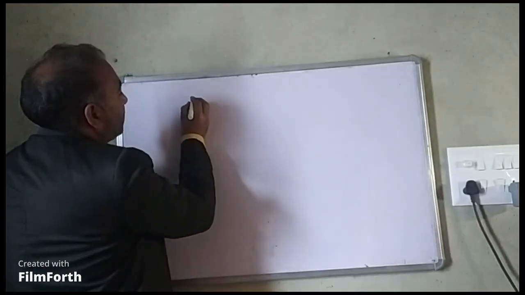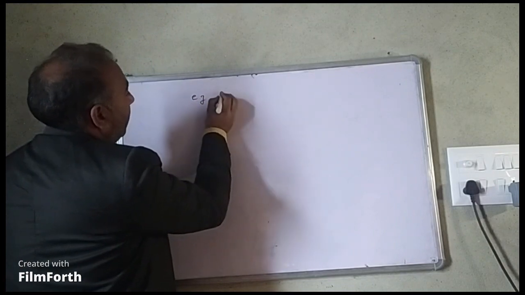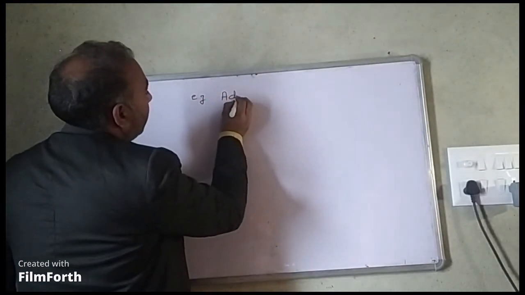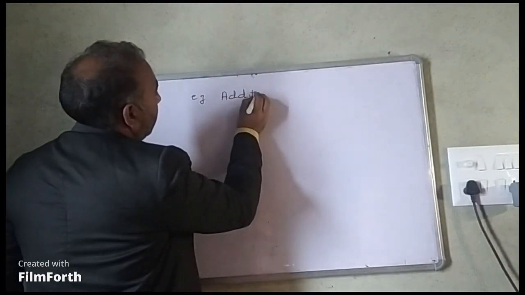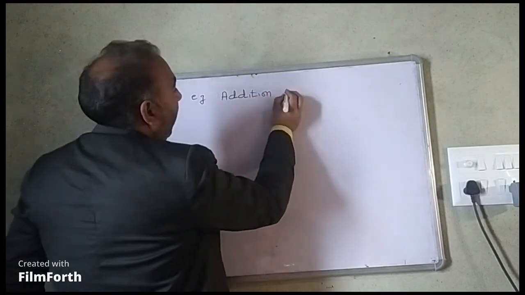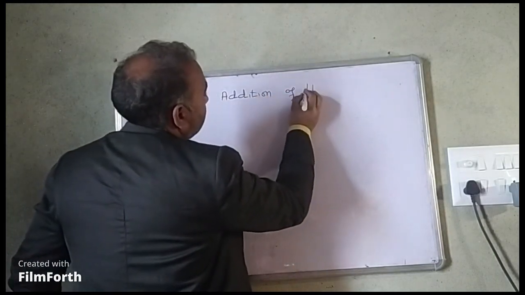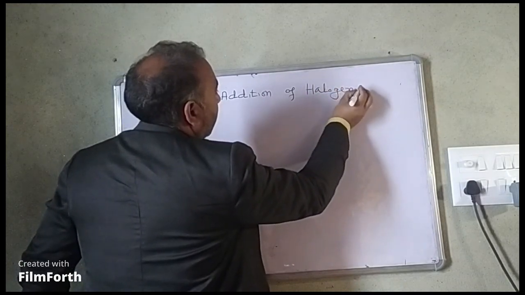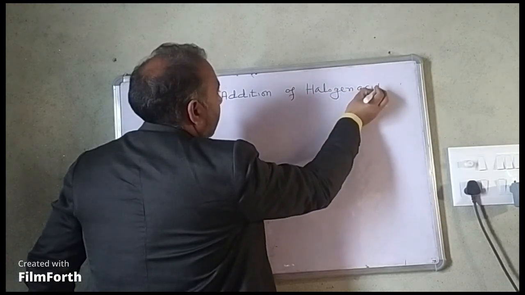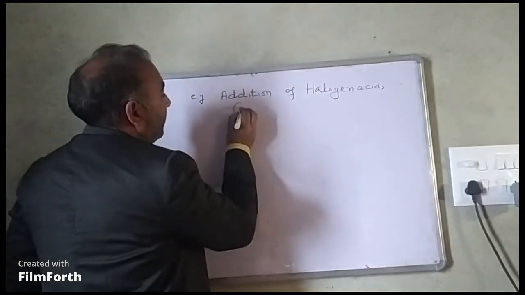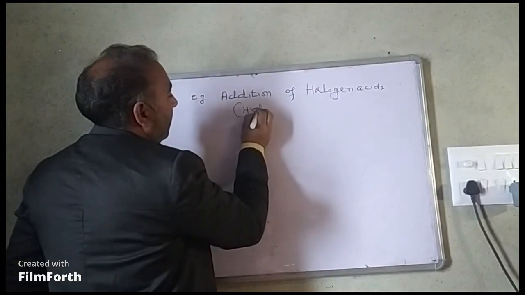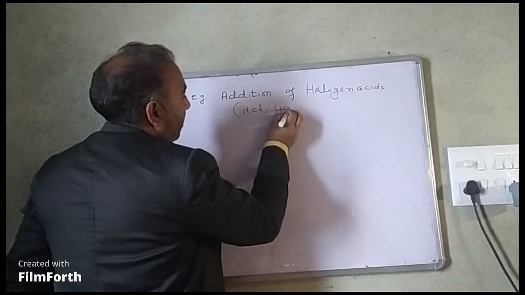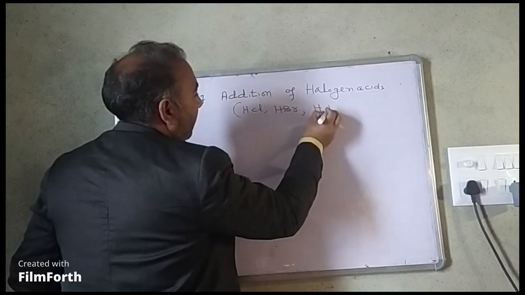A known example is addition of halogen acids like HCl, HBr, HI.